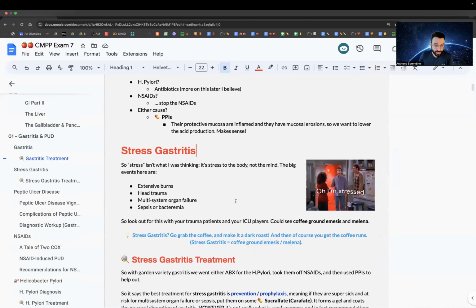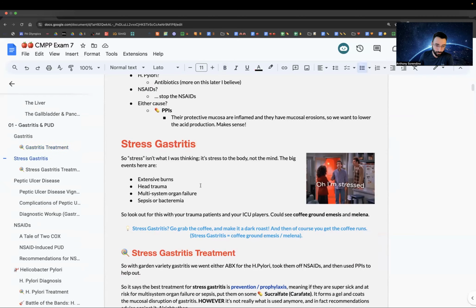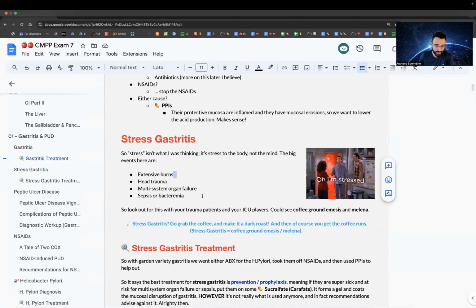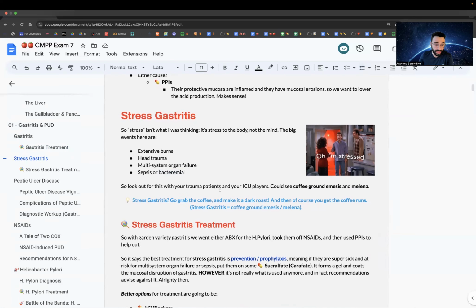Okay, stress gastritis. I thought this was like, oh, I'm stressed out for an exam, I have gastritis. Not the case. It's like body stress. So you're going to get stress gastritis from burns, head trauma, multi-system organ failure, and sepsis. So you want to look out for this with your trauma patients and your ICU patients as well.